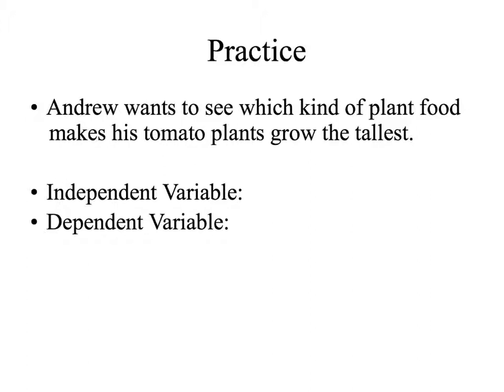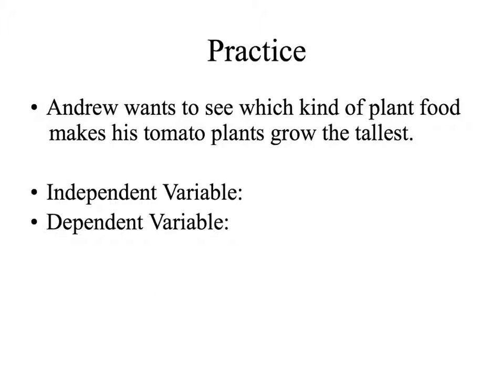We'll do one more. Andrew wants to see which kind of plant food makes his tomato plants grow the tallest. All right, if I was setting this up, I would start with tomato seeds, probably. Same amount of soil, same amount of water. But there's something I'm going to make different. I assume I would give each of the plants a different type of plant food.